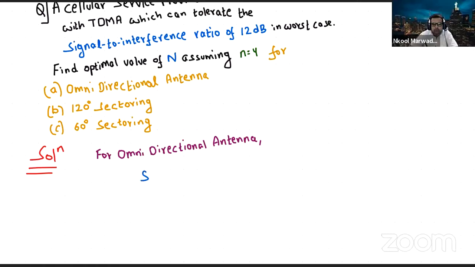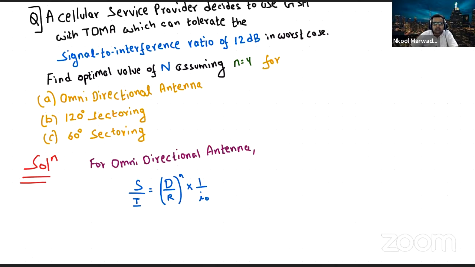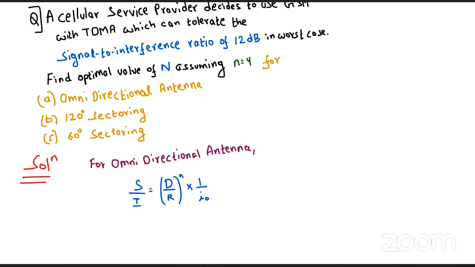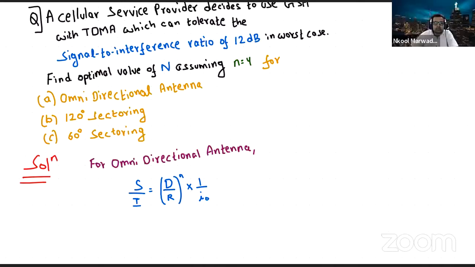Very nice, very good. So we have already seen S by I is equal to D by R to the power of n into 1 by I, or let us call it 1 by I naught. Now, in this question nothing is given about D and R, but we know that D by R is root 3N.